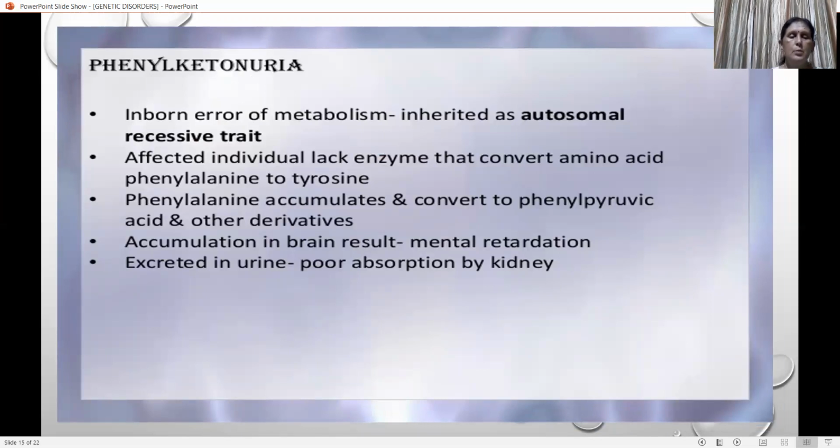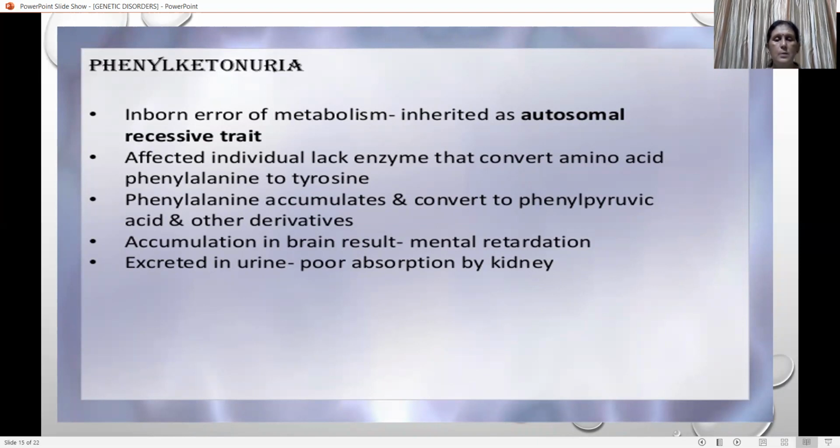It is an inborn error of metabolism, a disorder of autosomal recessive trait. So this type of genetic disorder is due to a defect present in an autosomal gene, and it is always found in recessive form. Affected individuals lack an enzyme that can convert the amino acid phenylalanine to tyrosine. So one enzyme is essential for conversion of phenylalanine to tyrosine, that is lacking in this case, and as a result, phenylalanine accumulates in the body and is converted to phenylpyruvic acid and other derivatives.